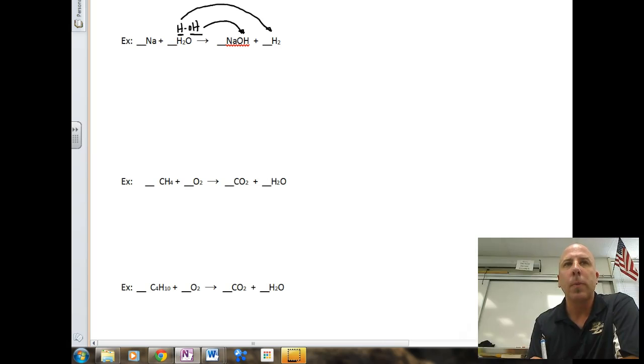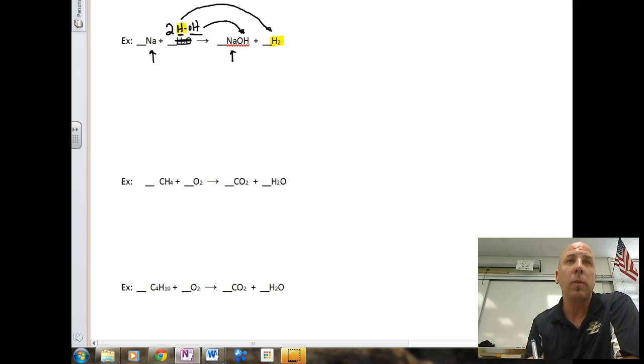So let's start at the beginning. We have 1 sodium, we have 1 sodium. Sodiums are currently balanced. Okay, I'm going to ignore the water for the moment, and I'm just going to balance it off of HOH. So looking at just this H here, if I balance it off of that H there, then I have 2 hydrogens on my product side, but only 1 hydrogen on my reactant side.